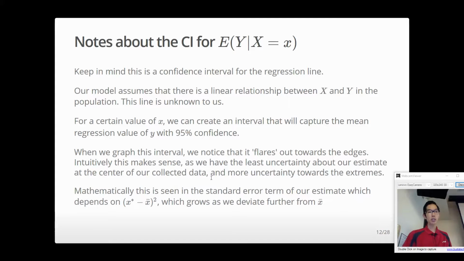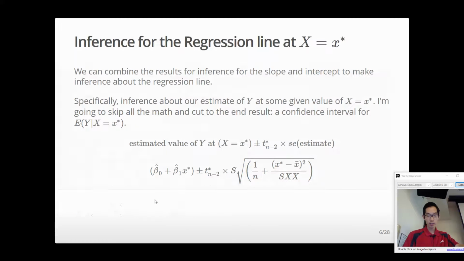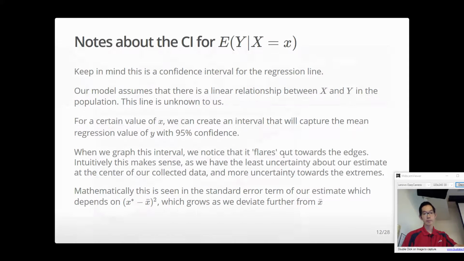Mathematically, if I go back even further and look at the standard error term, we see that we have x star minus x bar, saying that the farther we are from x bar, this term is going to grow, and so the standard error of our estimate also grows. So this is a 95% confidence interval for the regression line, the true line that relates x and y. Of course, it doesn't account for the unknown error.